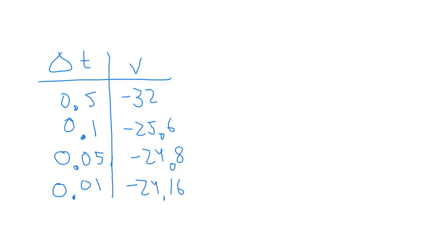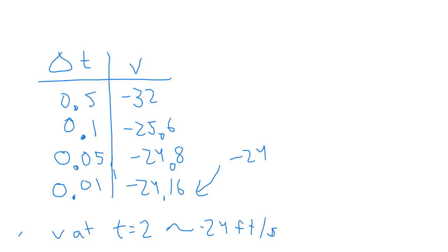These are the different points, and you can notice that the change in the velocity, as you get smaller and smaller numbers, approaches around -24. So you could say that the velocity at t equals 2 is approximately -24 feet per second.